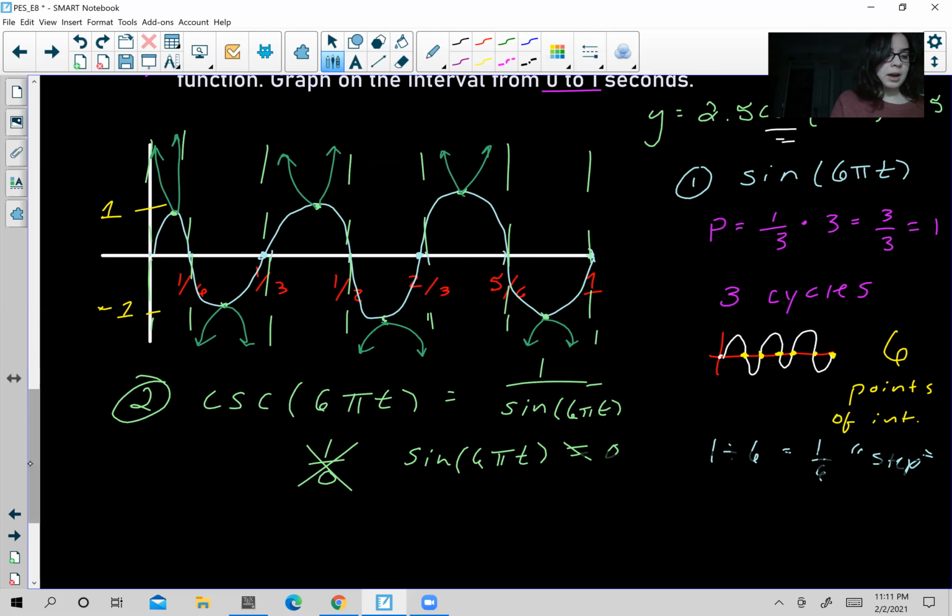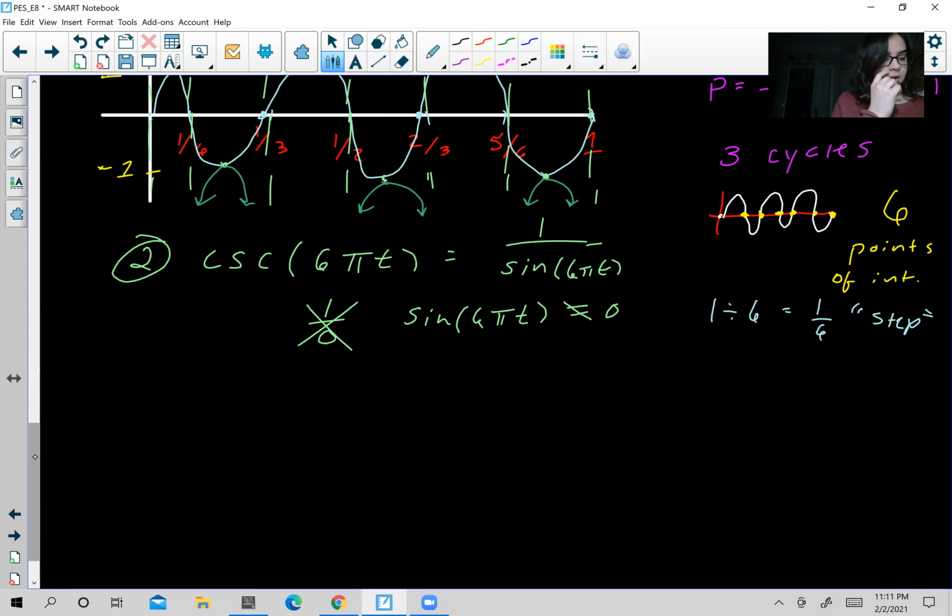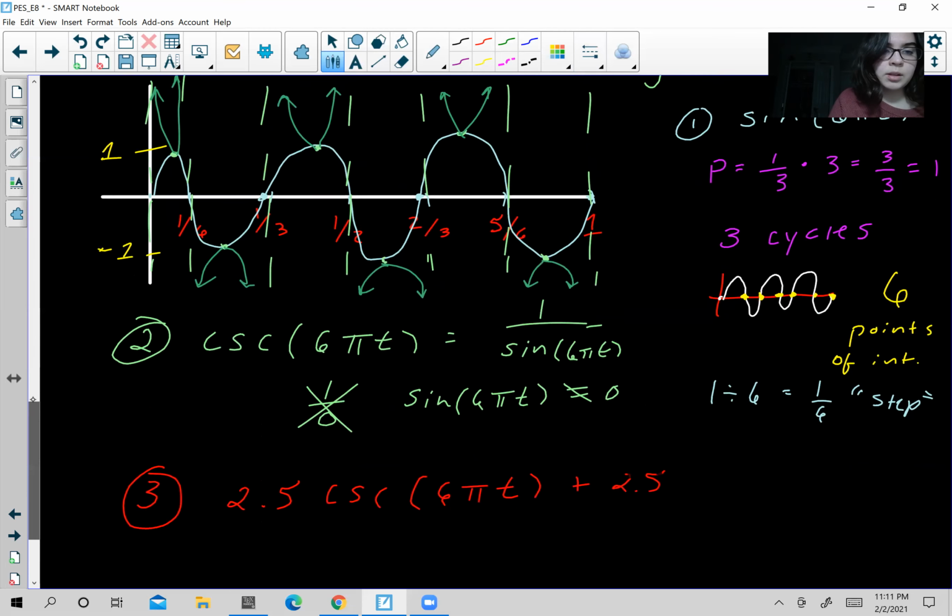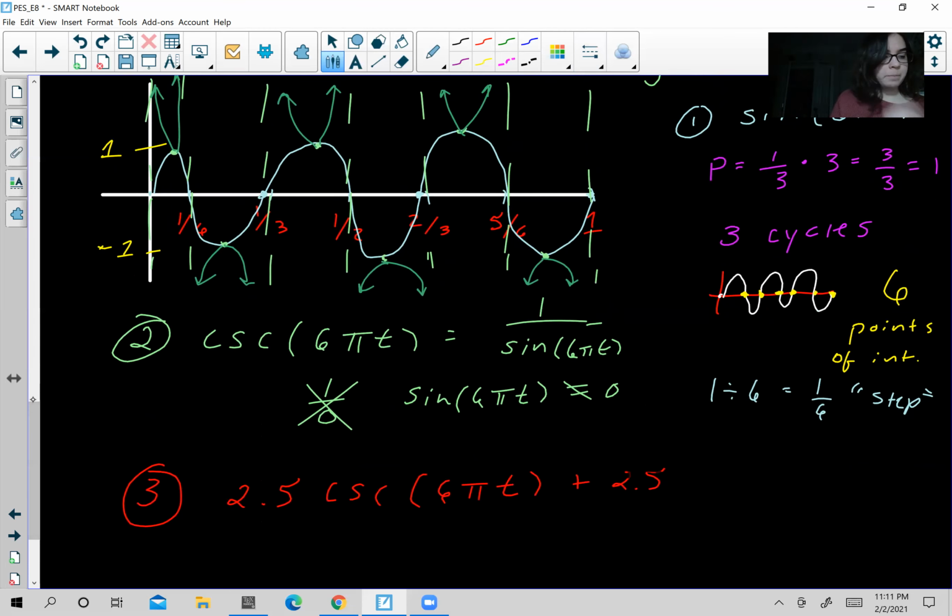Okay, and then we just got to do one more thing. So I'm going to go ahead and actually do all of this combined. We're going to put the 2.5 out front and then add the 2.5 at the end. All right, so let's think about this.